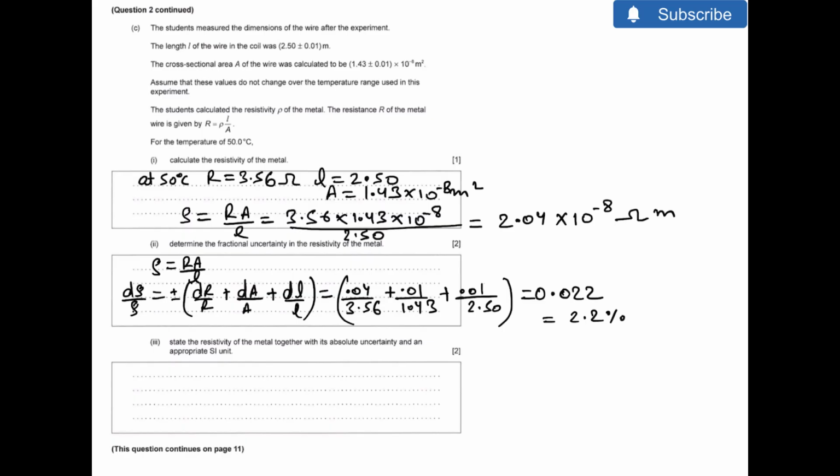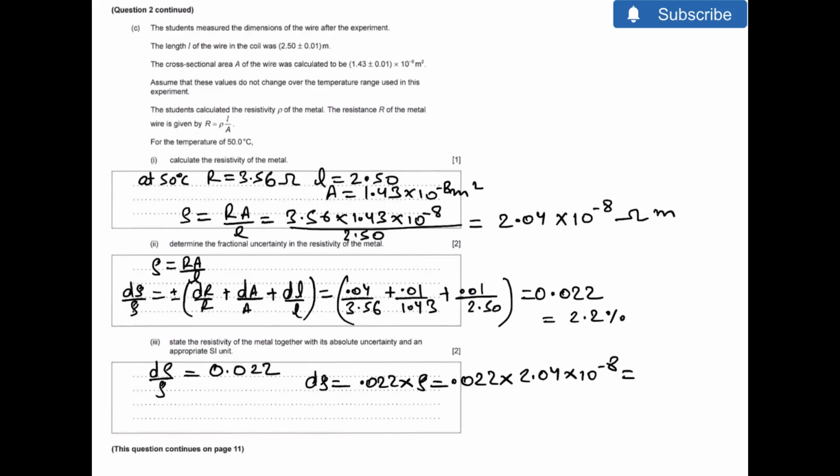Now, in the third part, we have to find the value of resistivity with errors and with appropriate SI units. So we know that dρ/ρ is 0.022. So dρ will be equal to 0.022 times ρ, and the value of ρ is 2.04 × 10^-8.